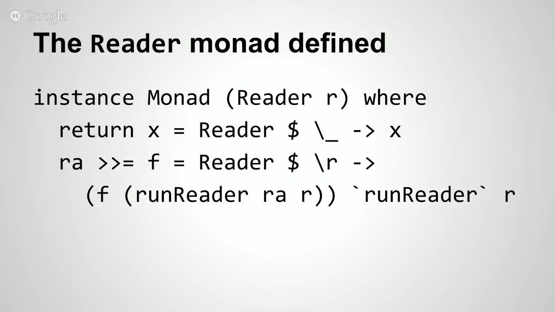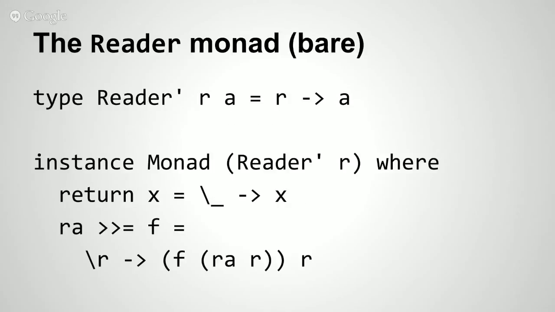That gets you an A. It applies f to that, getting you a Reader R B. And since that's a reader action, you have to use runReader to get the function out, and then you have to pass in the read-only state again. This is what I call the bare reader monad. This is what it would look like without the constructor. Sometimes it's easier to see what it does just by getting rid of the constructors.